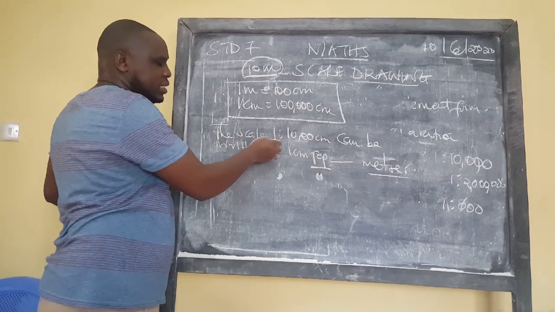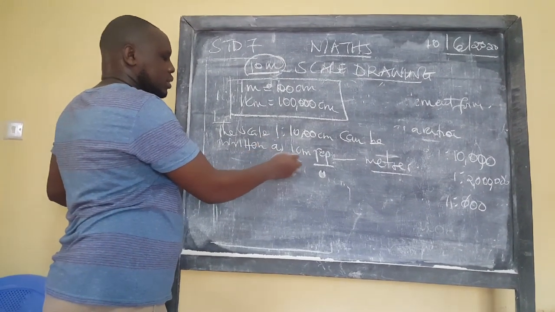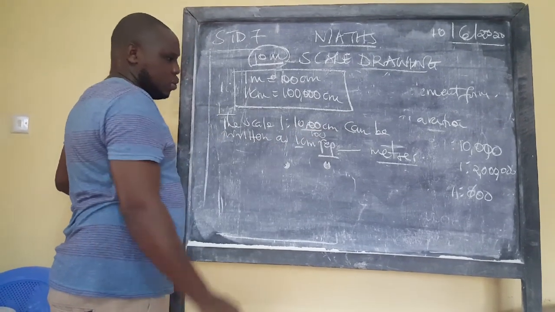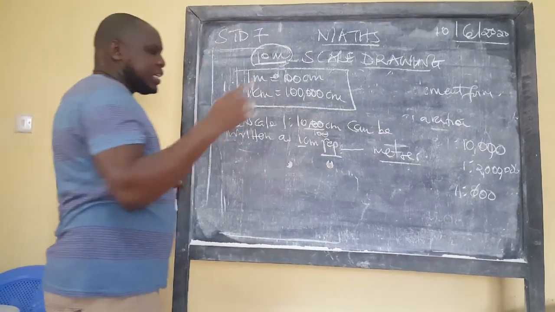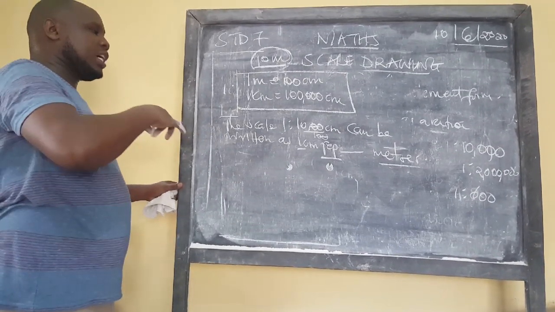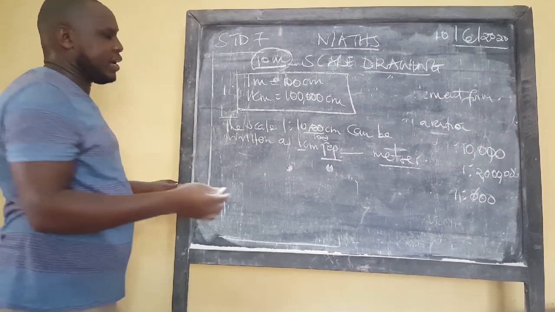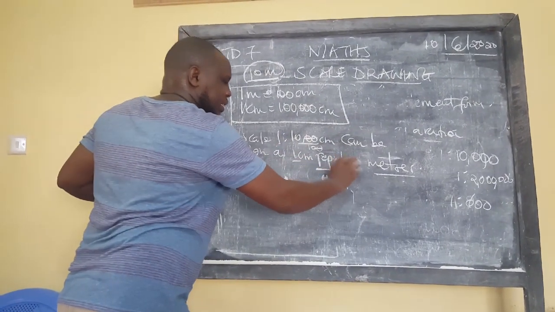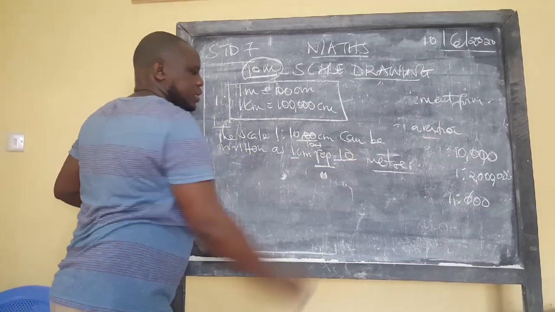You don't touch on this. So this remains 1 centimeter. So you change this by dividing by 100. So whenever we are changing centimeters to meters, we divide by 100. But if you want to change meters to centimeters, you multiply by 100. So you will remain with 10. So 1 centimeter represents 10 meters. You get your question like that.